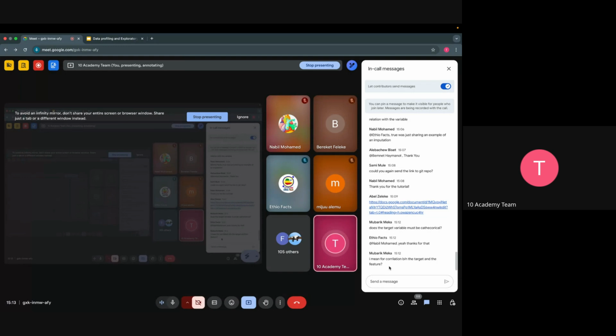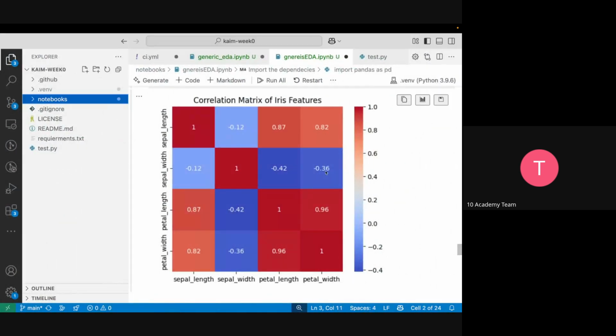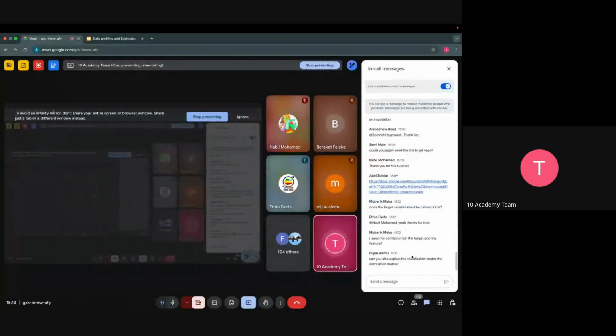For the correlation between the target and the feature, no, in this case it's not required, but of course you can do it. You can just extract a specific category and work with that. For this case, I just worked with the whole data set.